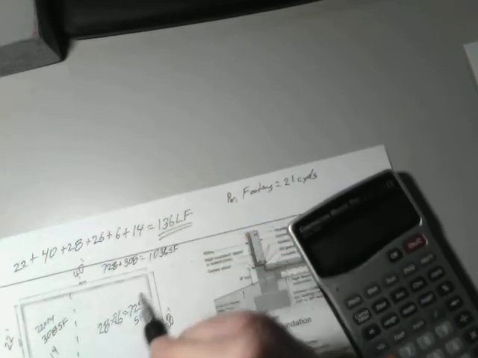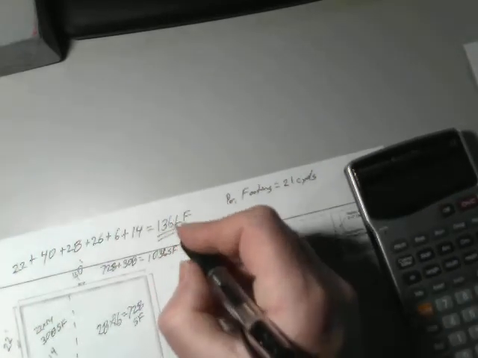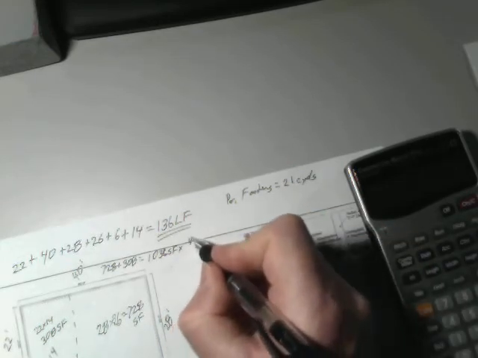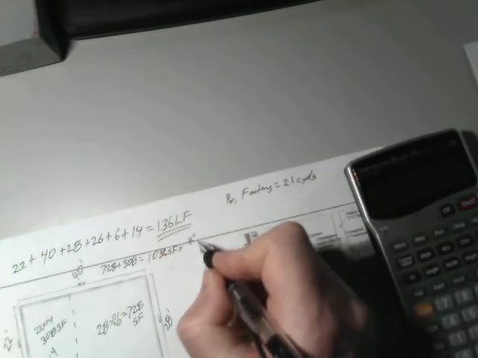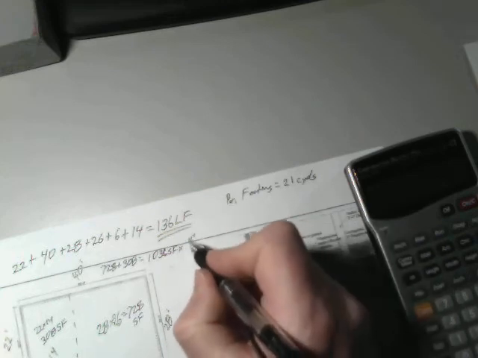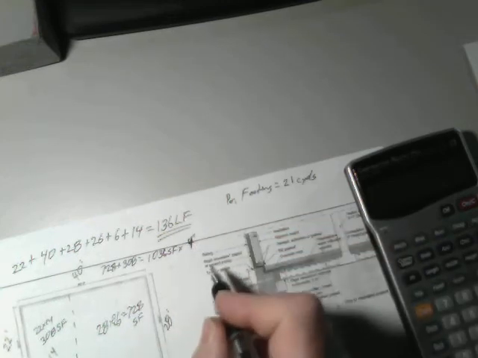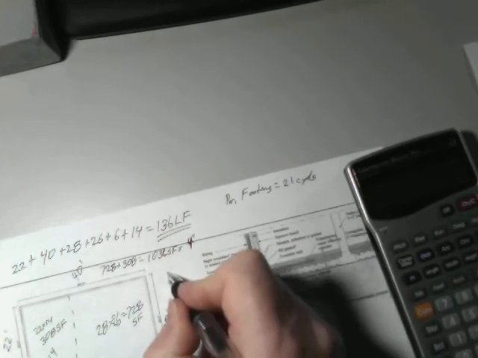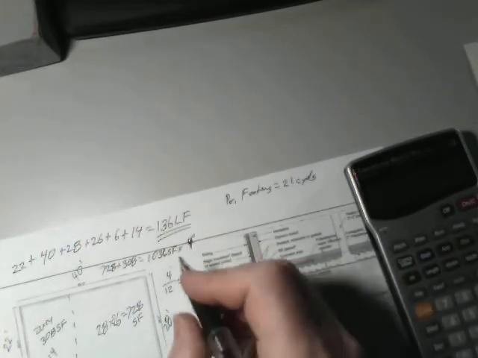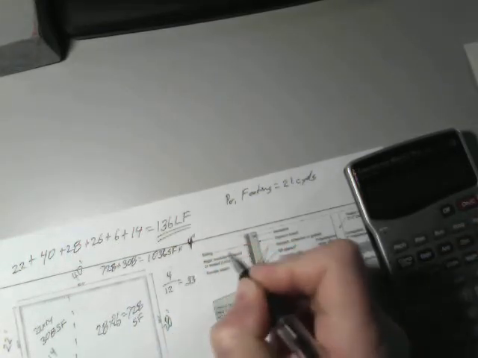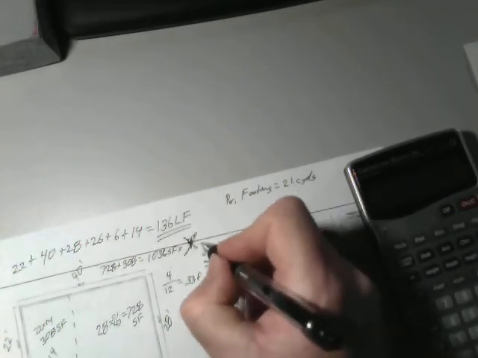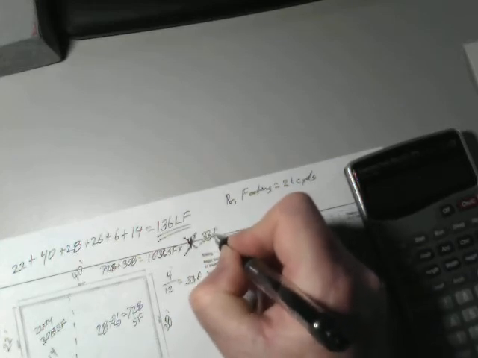So 1,036 square foot. I'm going to multiply that times 4 inches. But I can't really multiply feet and inches together, so I'm going to convert that 4 inches to feet. So I take 4 over 12 because it's 12 inches. So I know that is 0.33 feet. So instead of putting 4, we're going to put 0.33 feet.